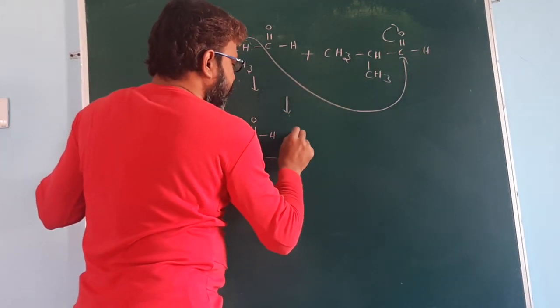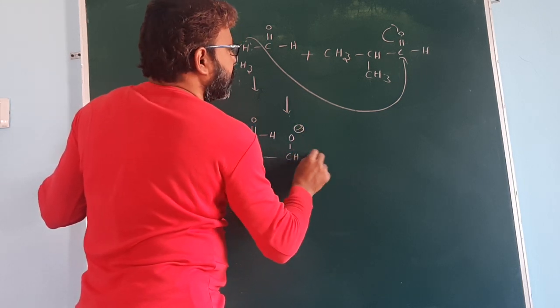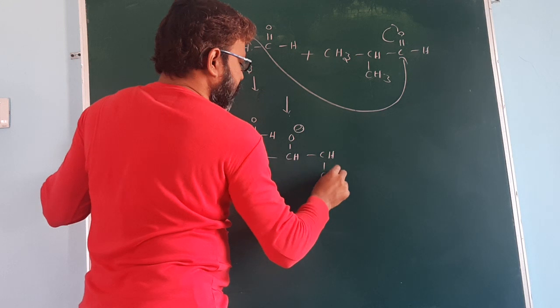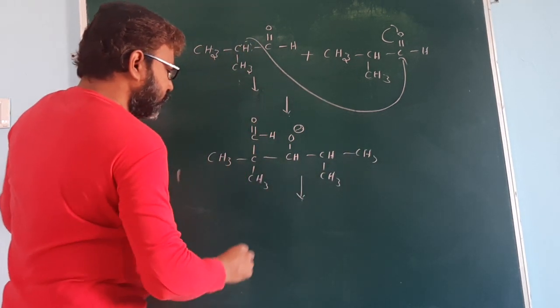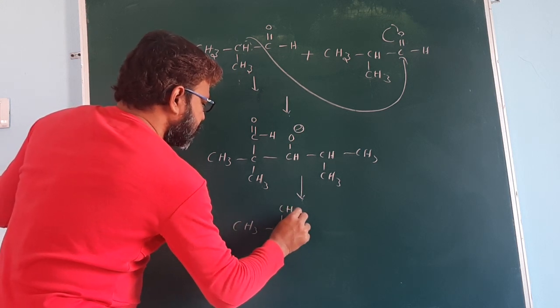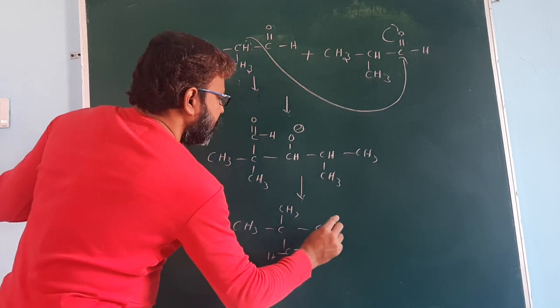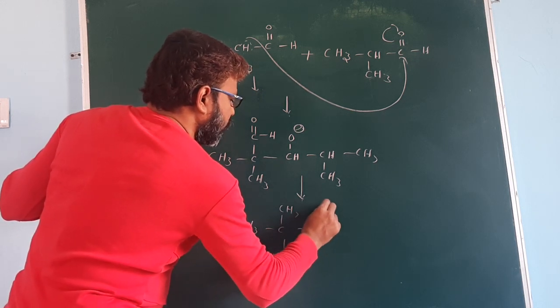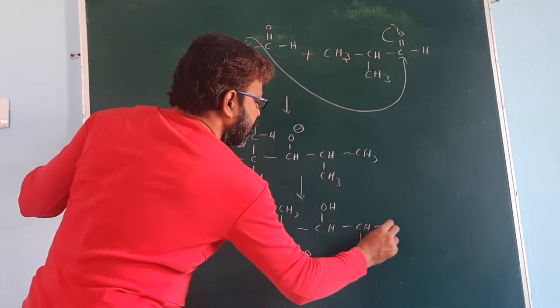So C, O minus, H, CH, CH3, CH3, it accepts the proton. You get CH3, C, CH3, C double bond OH, CH, OH, CH, CH3, CH3.